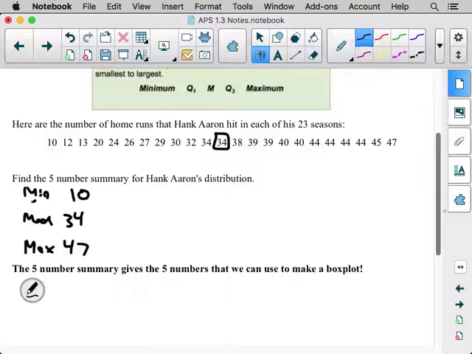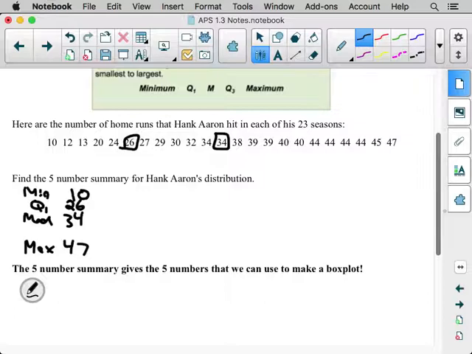All right, Q1. Don't we do that again, but only with the lower half of the data? So there's 11 things here, right? Which position am I looking for to find the middle of this lower half? 6th, yeah. 1, 2, 3, 4, 5, 6. And same thing with the upper half too, right?